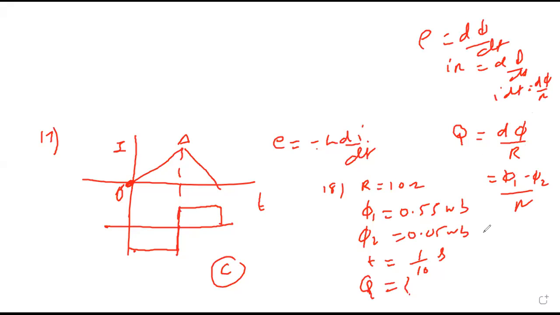Okay, so phi 1 is 0.55 minus 0.05 upon 10 equals to 0.50 upon 10 equals to 0.05 coulomb. 0.05 coulomb. Yes, sir. Option C.